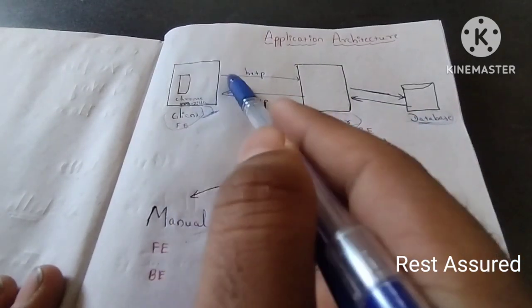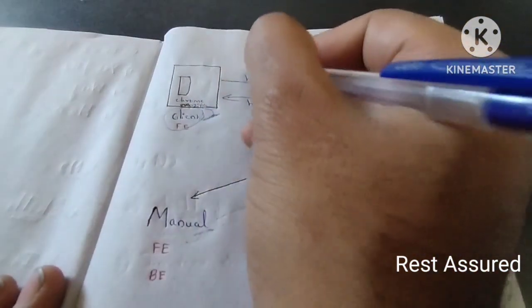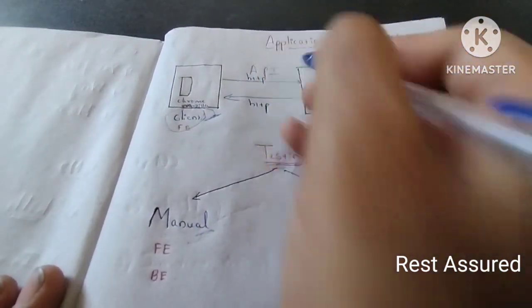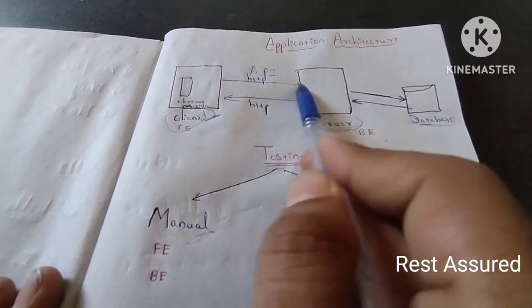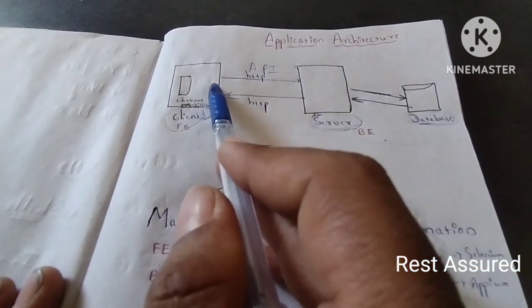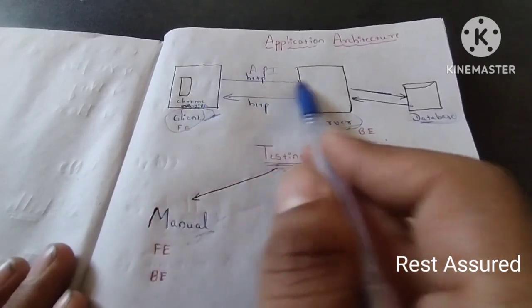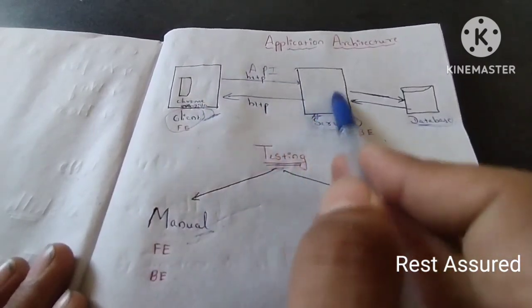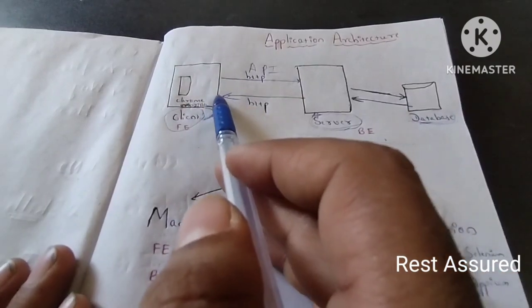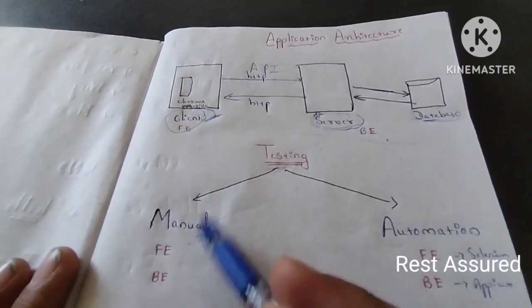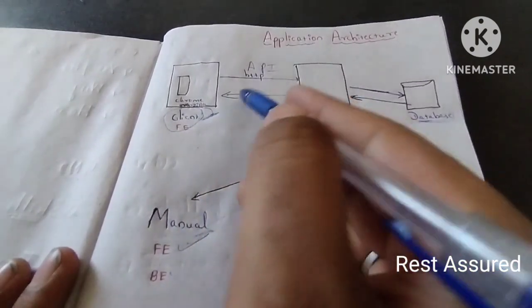Whenever you click, there will be an agent called API. This API will be triggered and send the request to the server, saying that a person is requesting this page. It will do some logic and send it, and that page you see at the client side. So front end means client, and back end means API.